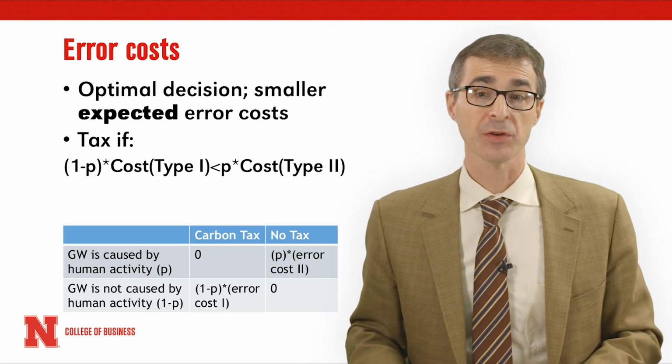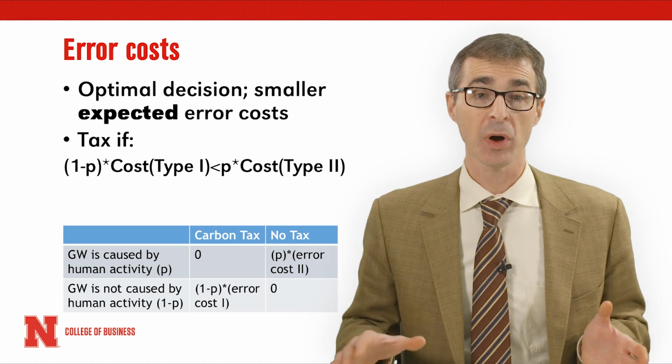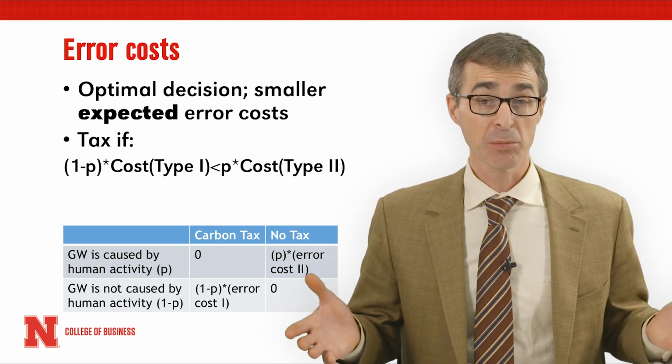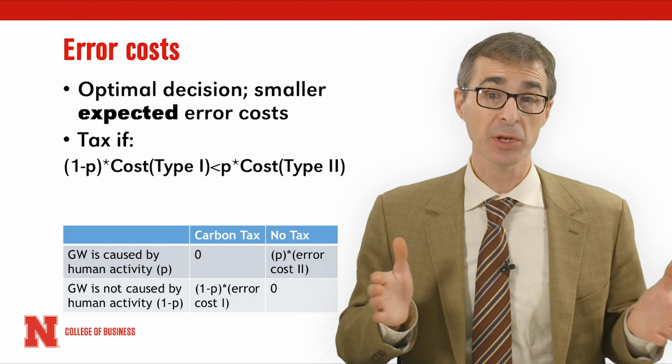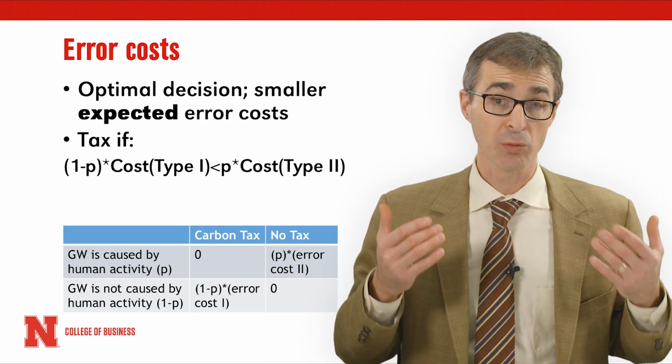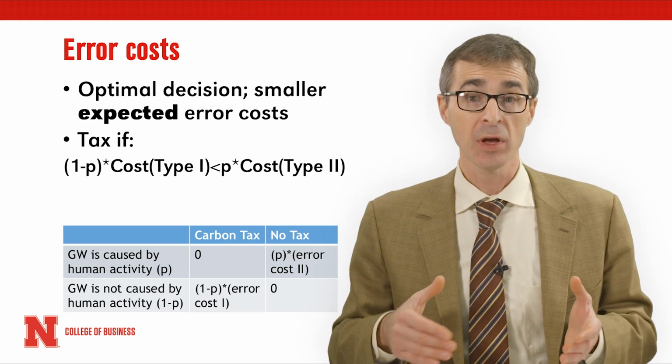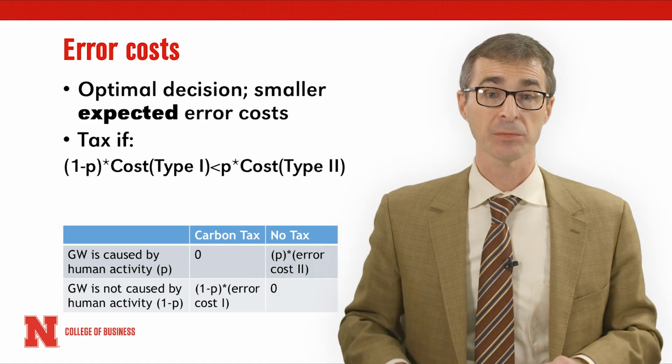The optimal decision in this context would be to choose the one with the smaller expected error costs. In other words, impose a carbon tax if the probability weighted cost of being wrong, should we do that, is less than the probability weighted cost of erring in the other direction.